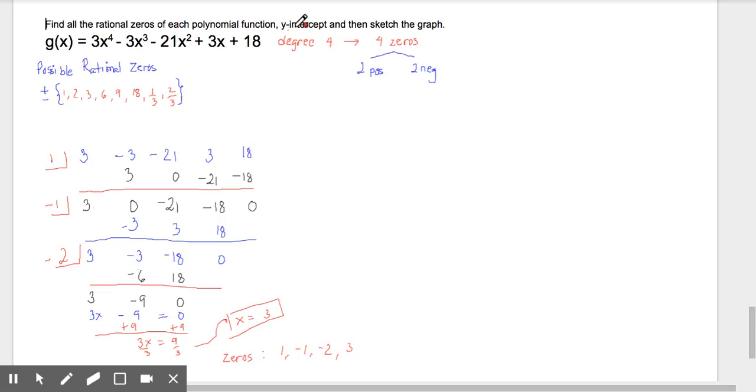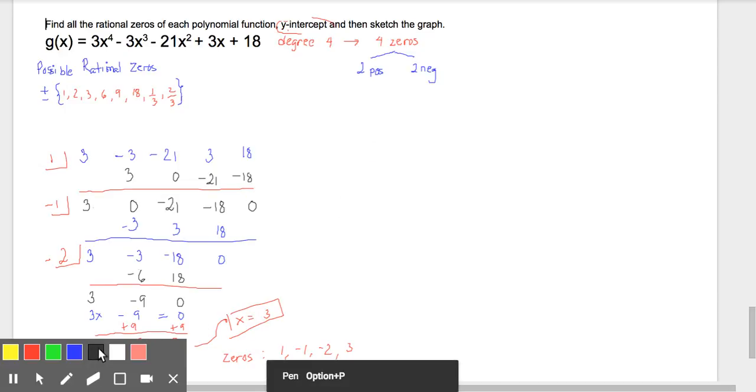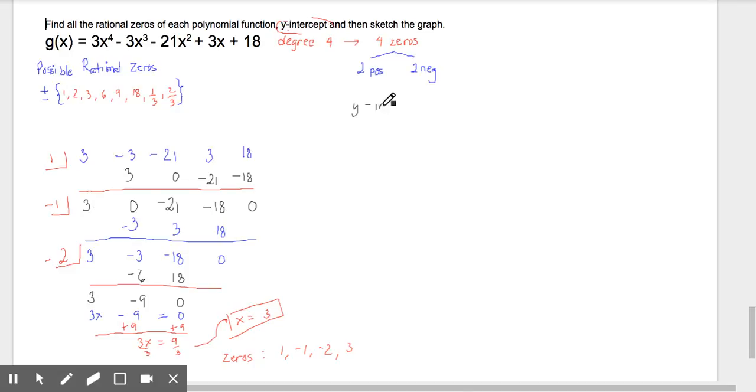Okay, now let's find the y-intercept. So y-intercept is g of 0.